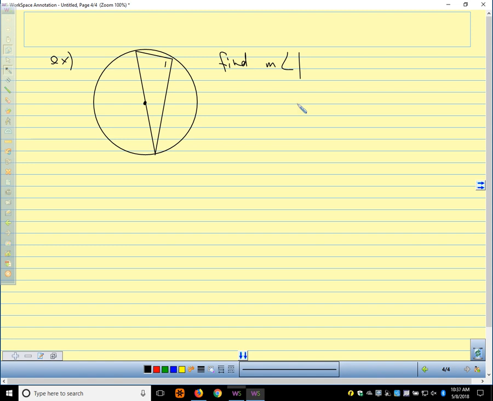Do we have to do any computations here? What part of the circle is this? Half, because this is a diameter. This is an angle inscribed in a semicircle. So what is that angle? Measure of angle 1 is 90 degrees. It's inscribed in the semicircle. We know it's 90 degrees.